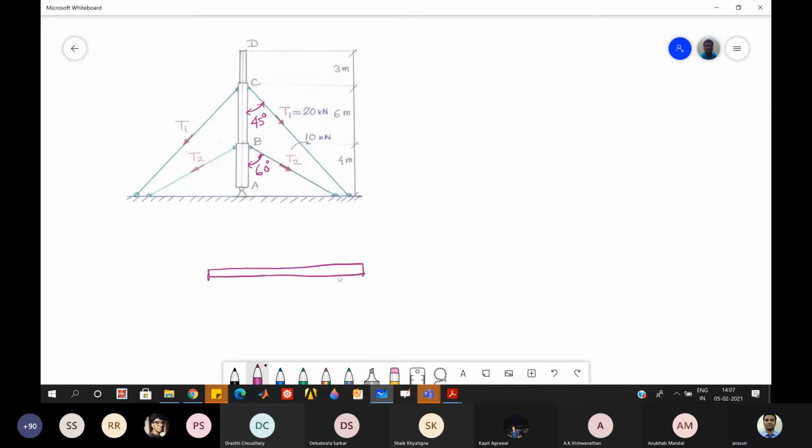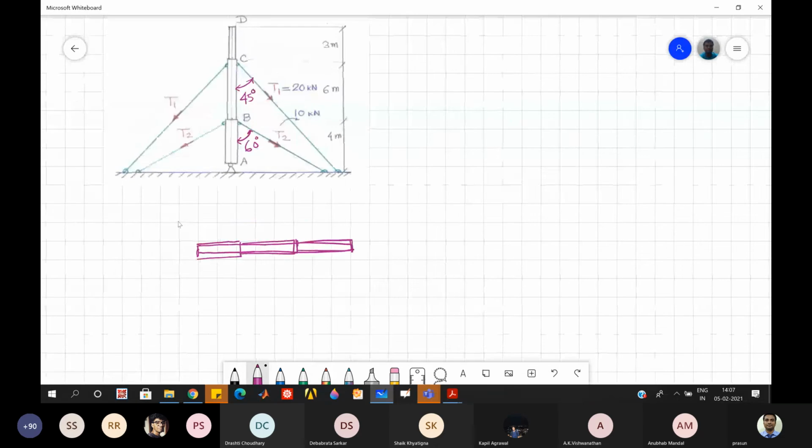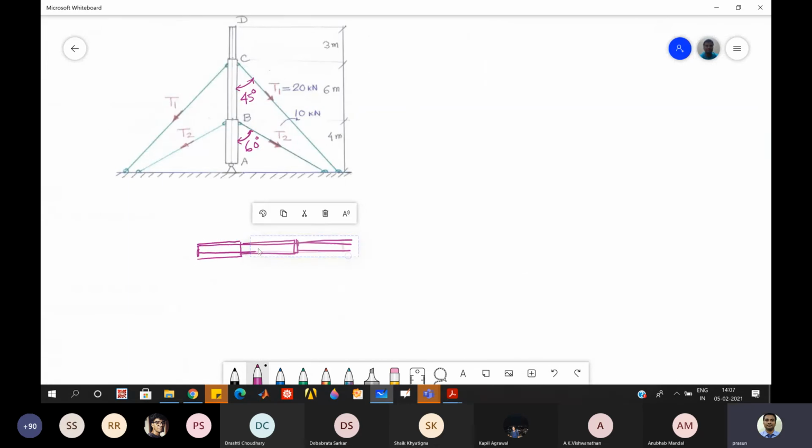I'm just drawing without the cross section, but we can also include the cross sections like this. Let us say these are different cross sections.